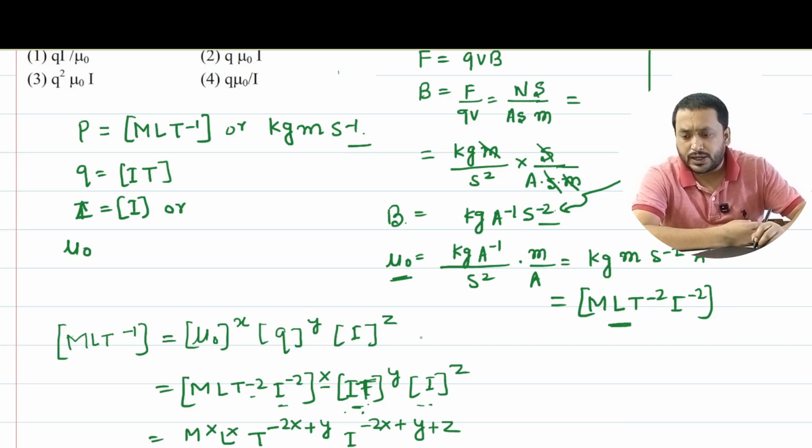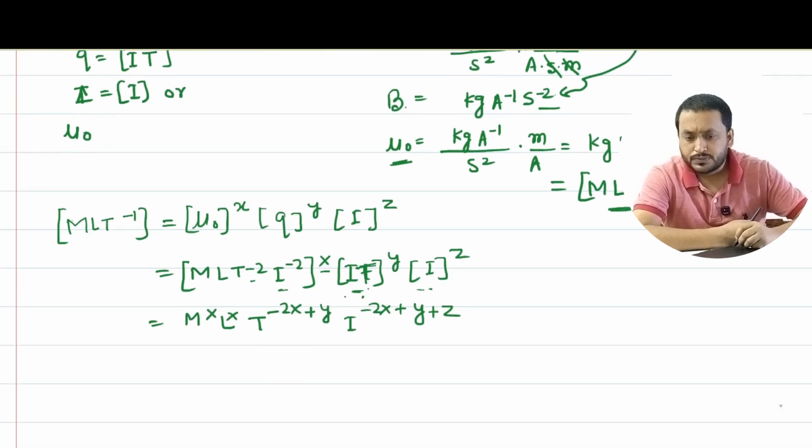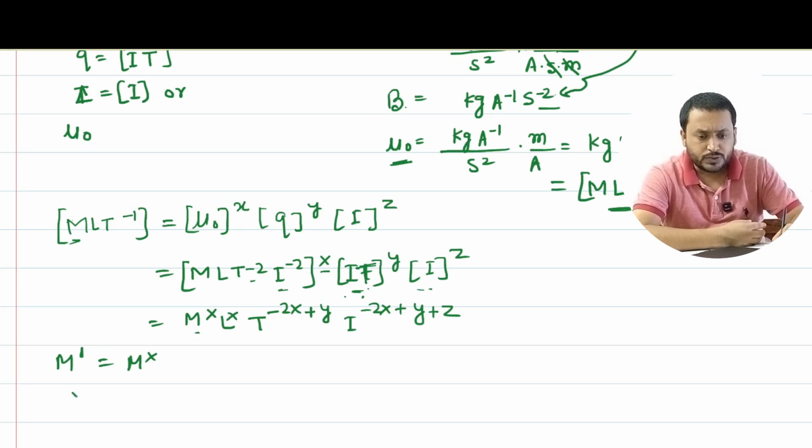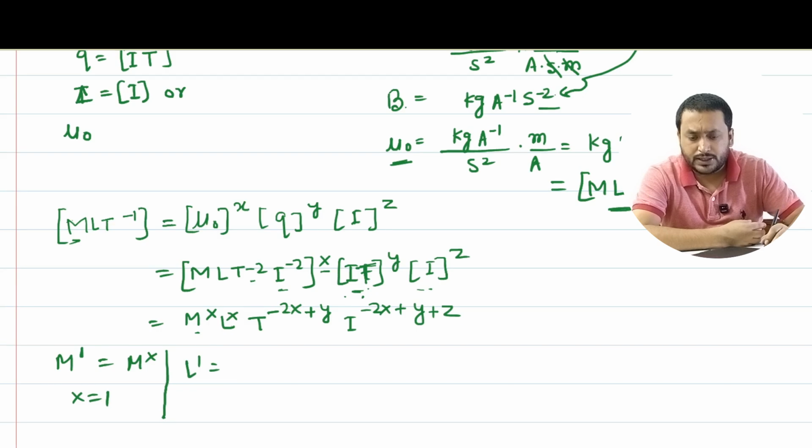So if you look at it, m to the power 1 on the left hand side is equal to m to the power x. We'll just equate the bases, so that their powers will be the same. So x is equal to 1. Next, L to the power 1 is equated with L to the power x, so again x is 1.